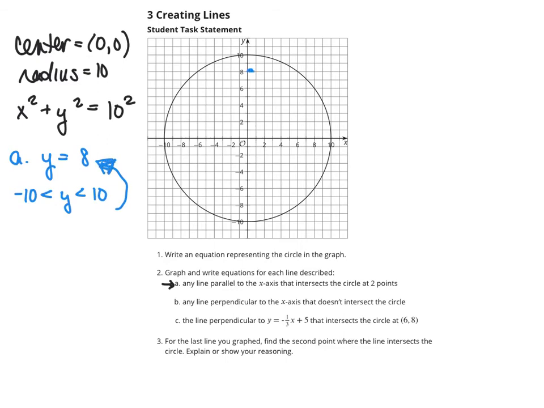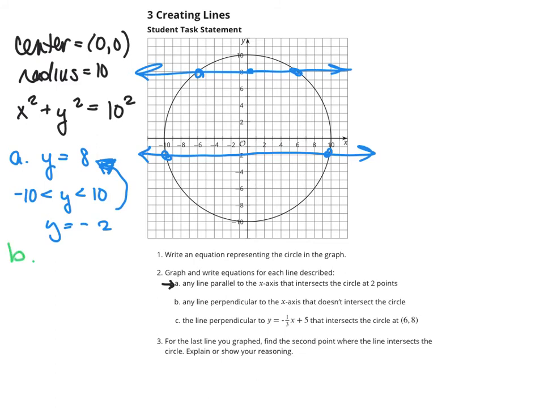Y equals 8 is right here. I could say y equals -2. Any number between -10 and 10 will intersect that circle at 2 points. 1, 2, 1, 2.